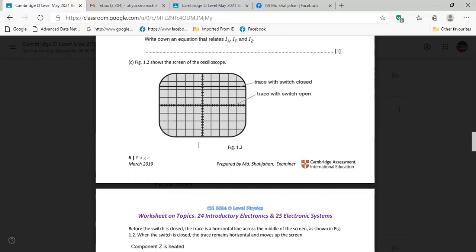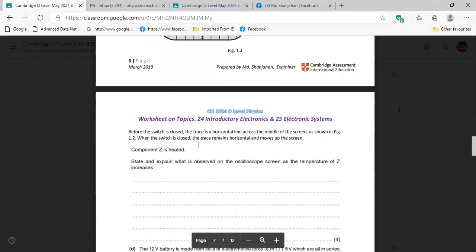When the switch S is closed, the trace remains horizontal and moves up the screen. Yes. Okay, then continue. Component Z is heated. State and explain what is observed on the oscilloscope as the temperature of Z increases.